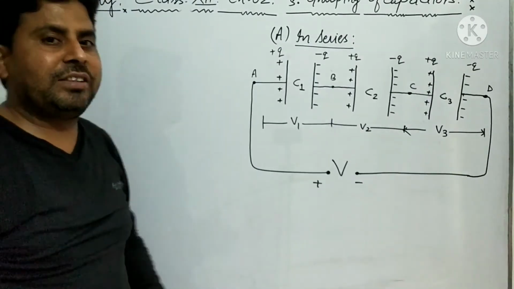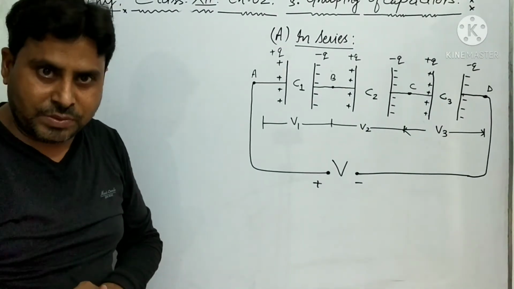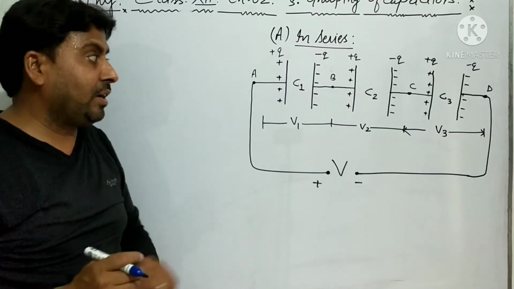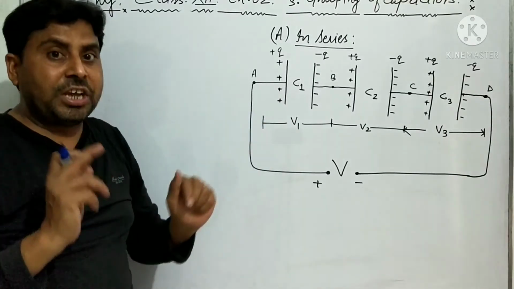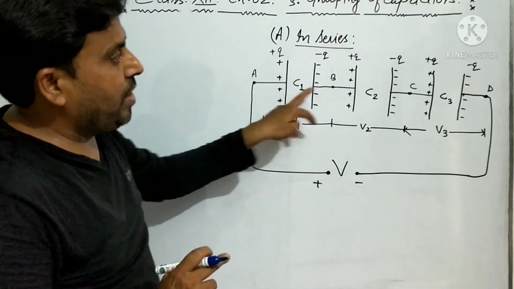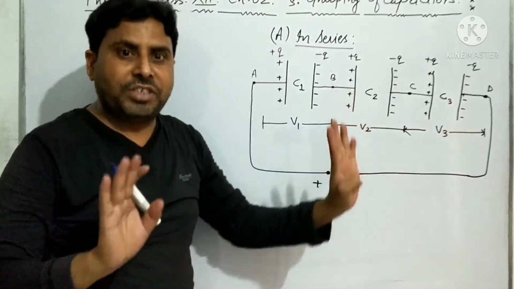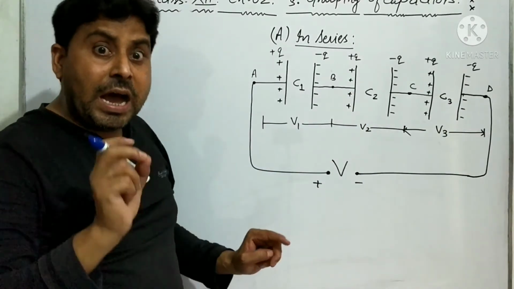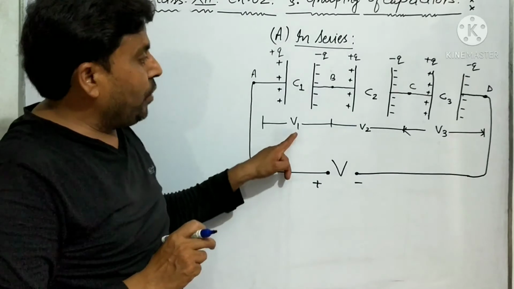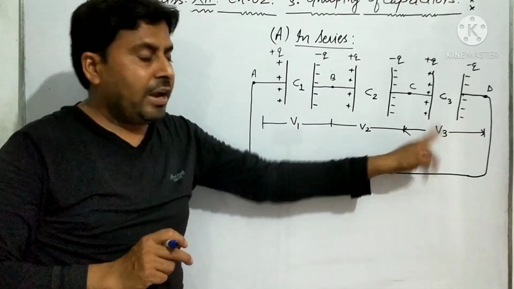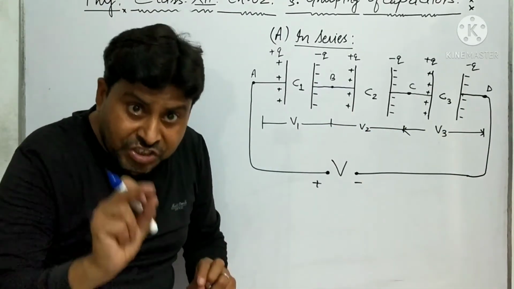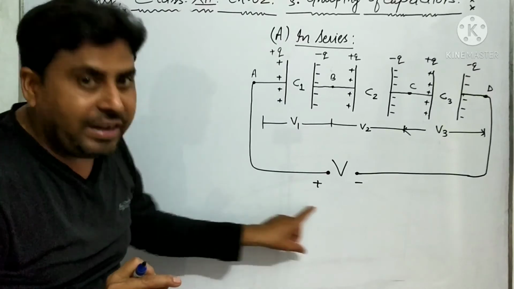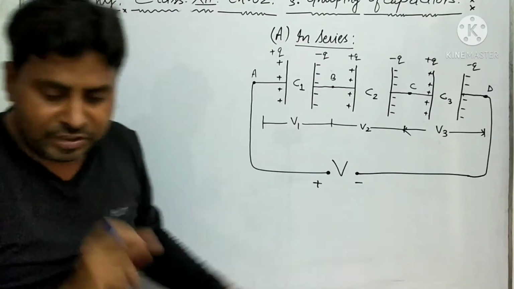Now start the mathematical steps. So how we will define that? Consider three capacitors of capacitance C1, C2 and C3, with their potential difference across each plate V1, V2 and V3. So such statement I am writing here. Let me write here, okay.